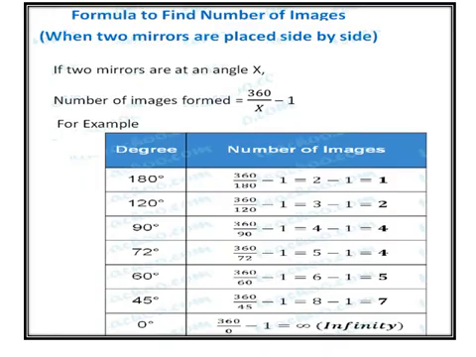Now here children, I can find for 90 degrees, 4 minus 1 should be 3, but in the slide it is given as 4. So please do correct it. When you keep it at 45 degrees, you get 7 images. When you keep it at 60 degrees, you get 5 images.